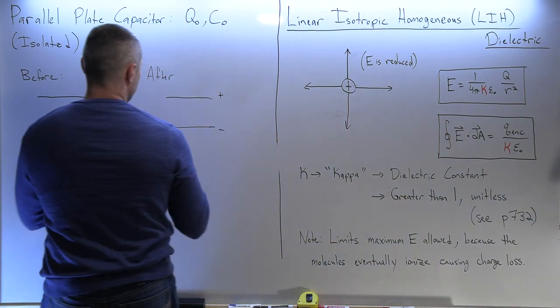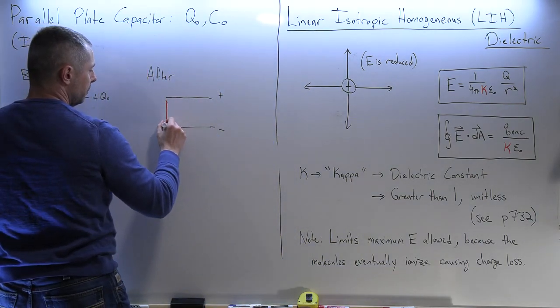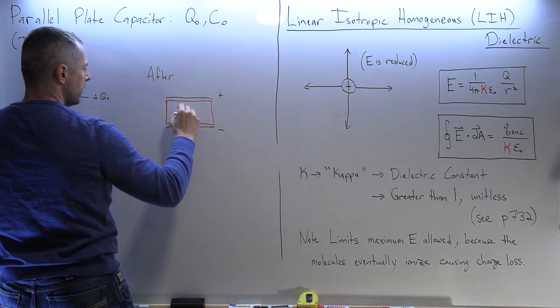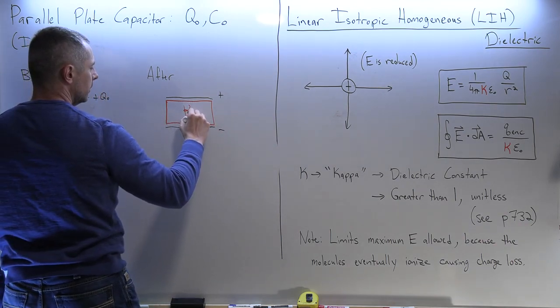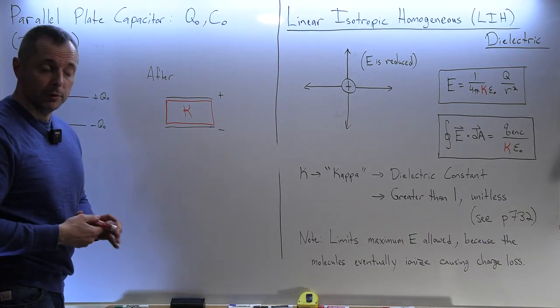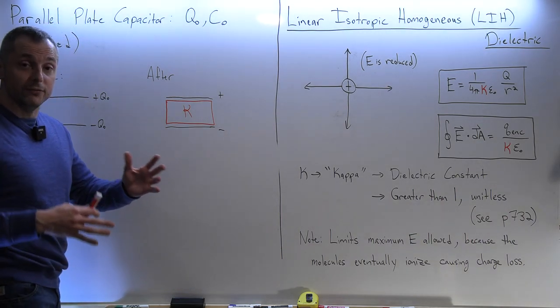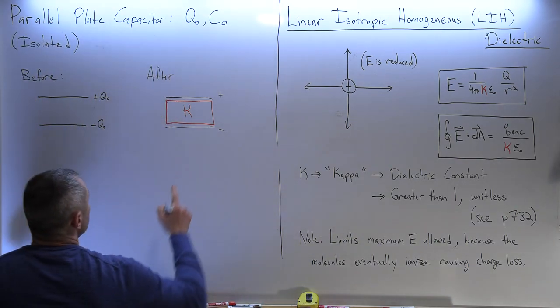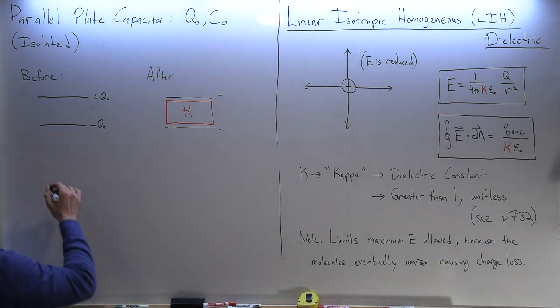Maybe it's wax, maybe it's strontium titanate, maybe it's Pyrex glass. I don't know, I put something in here. And it's got a dielectric constant kappa, 4, 1.5, 310, whatever. Okay, so how is the charge affected when I put this in here?